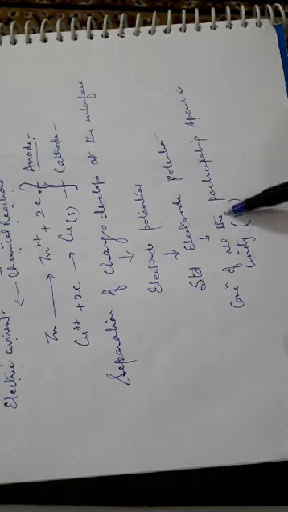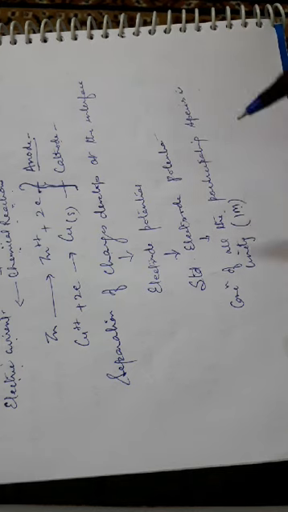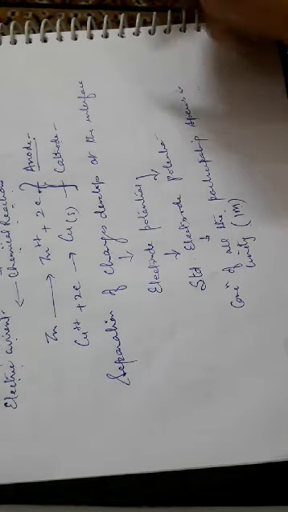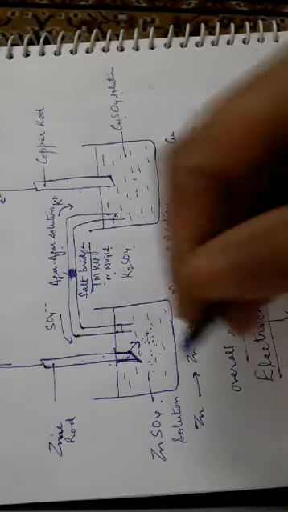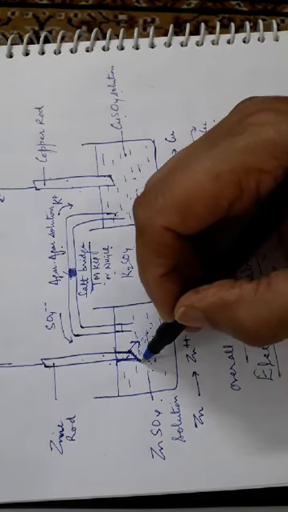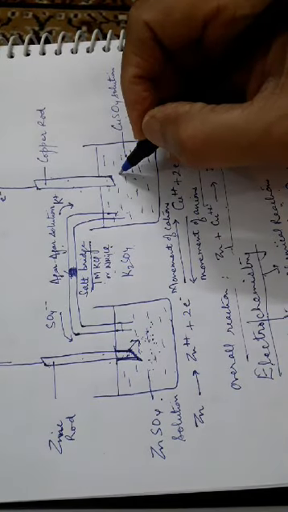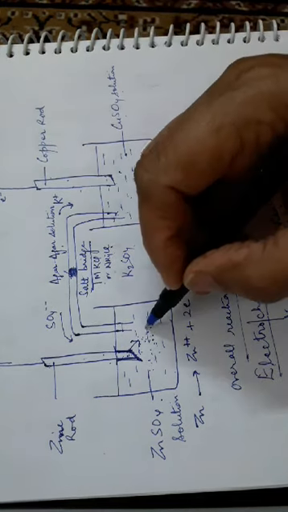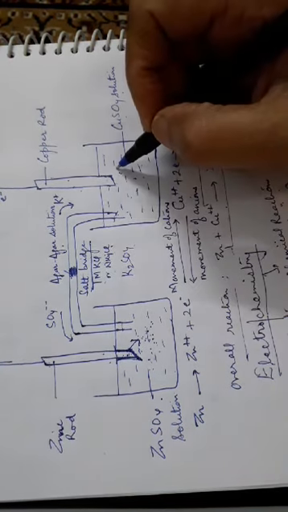When the concentration of all the participating species is unity, that is 1M, then the electrode potential is called the standard electrode potential. As we talked about the standard electrode potential of one electrode, in the same way there will be a standard electrode potential of the second electrode. One is the oxidation electrode, one is the reduction electrode.